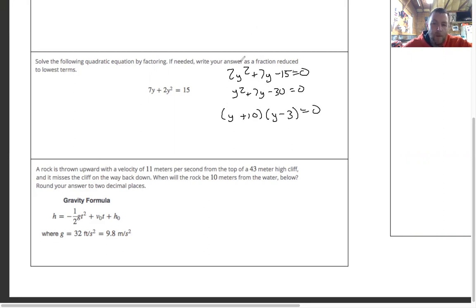But realize that I multiplied by 2 at the beginning, so I have to divide these by 2 at the end. If you remember what the answers were from before, it was y plus 5 and 2y minus 3. When I divide by 2, this one works out. Notice the one on the left: y plus 5.